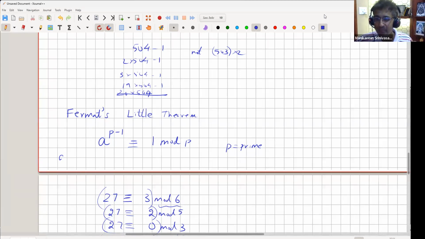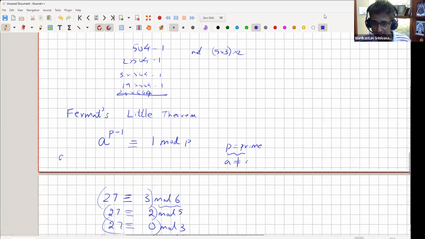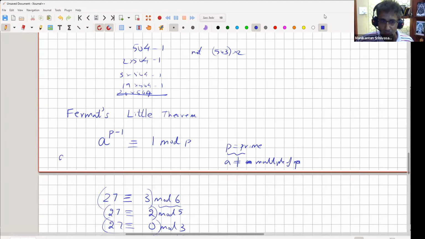Okay. So if p is a prime number and a is not a multiple of p, then a to the power p minus 1 leaves a remainder of 1 when divided by p.